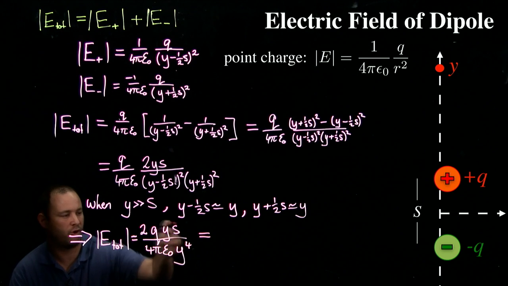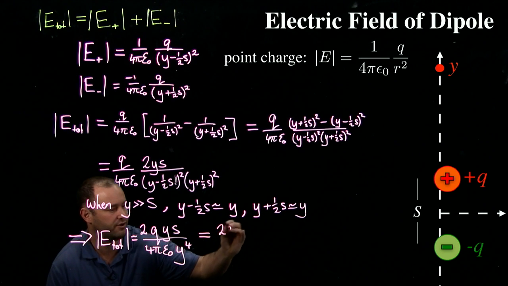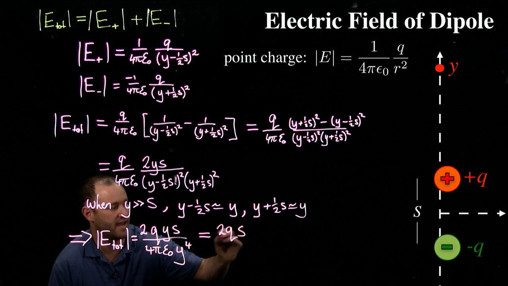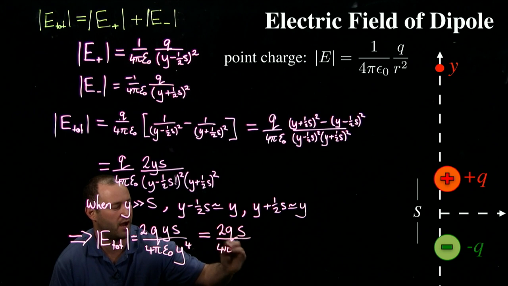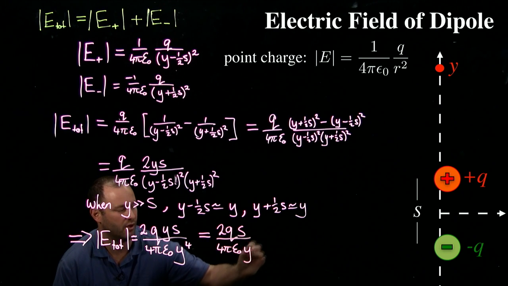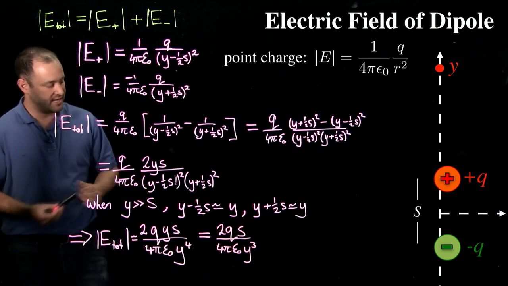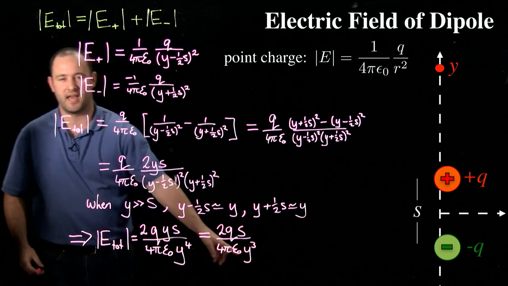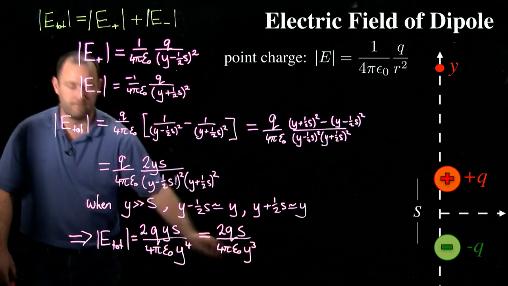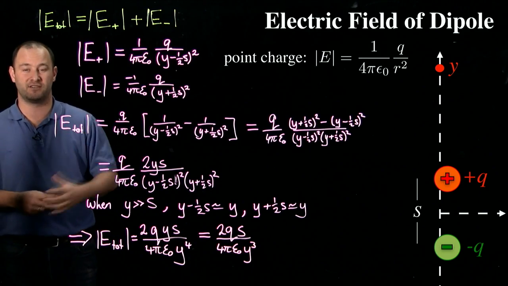But then I've got y to the 4 on y. This is 2QS on 4 pi epsilon naught y to the cube. And the thing that I want to emphasize now is simply that I've derived this, and this says that the electric field falls off like 1 on the distance cubed.